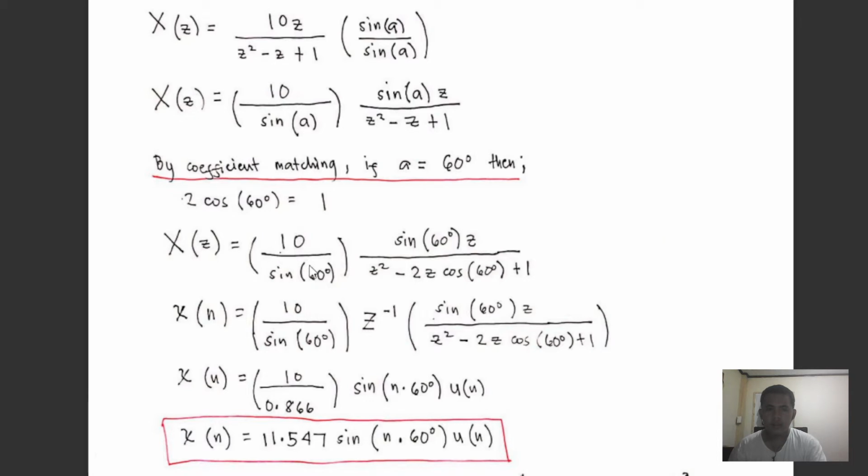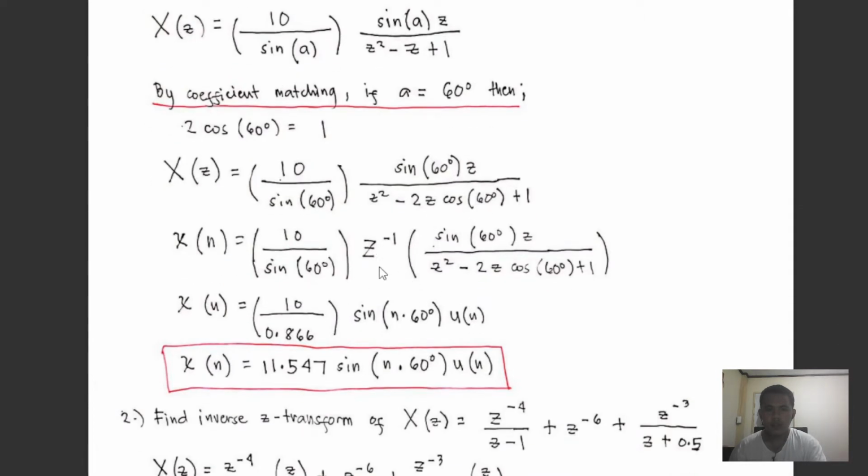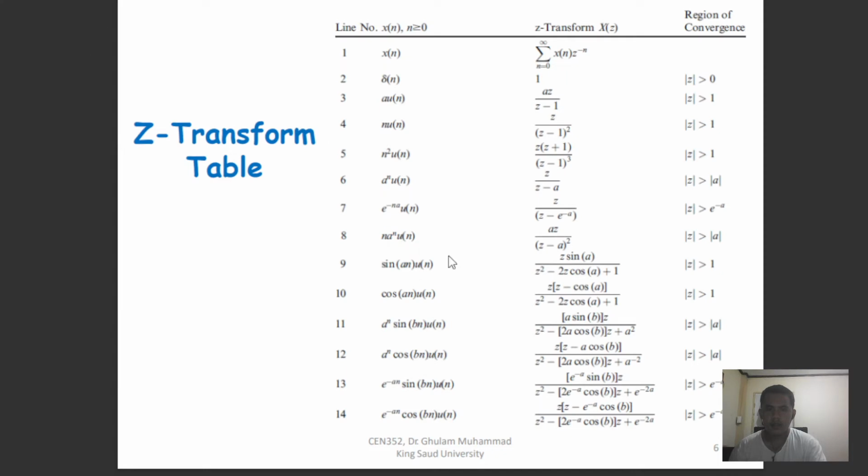Next step is to substitute alpha equals 60 degrees into the system, also substituting it here. Then find the inverse Z transform of this system in the Z transform table, which is in line 9.